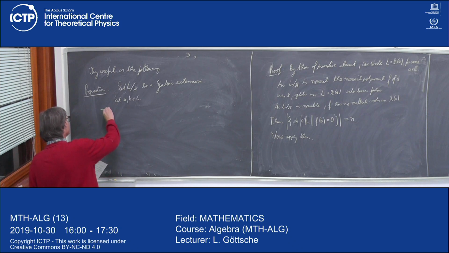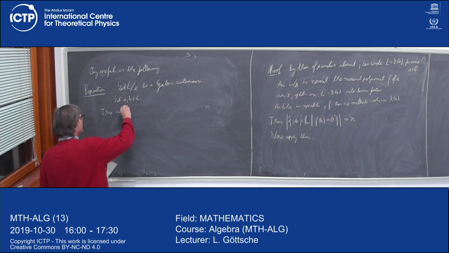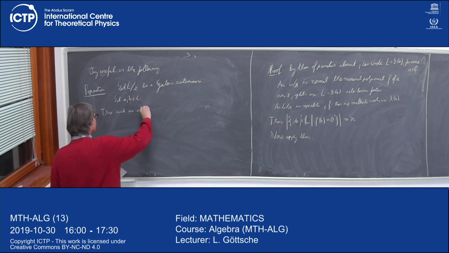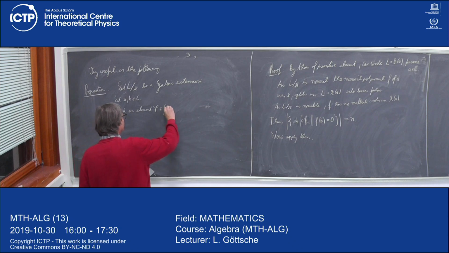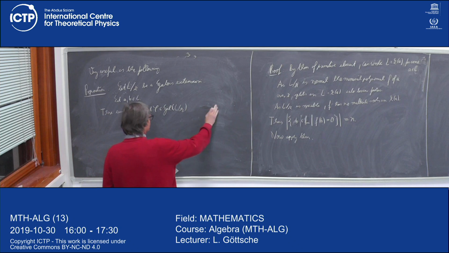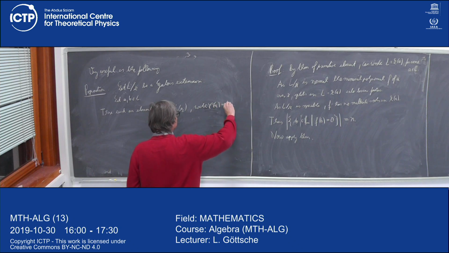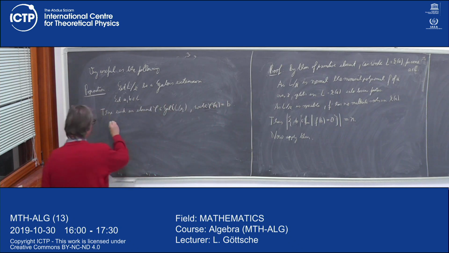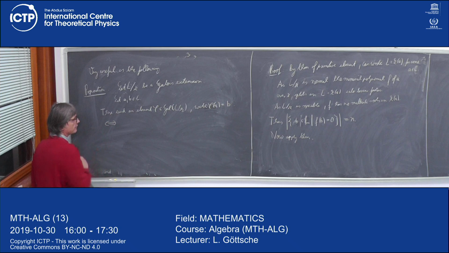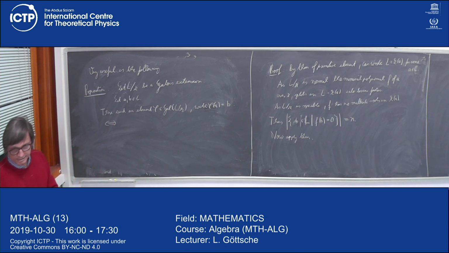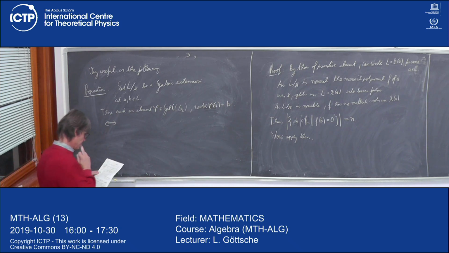There exists an element phi in the Galois group of L over K, which sends one to the other, so with phi of A equal to B, if and only if A and B have the same minimal polynomial over K.